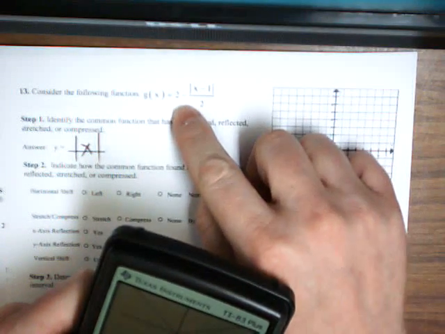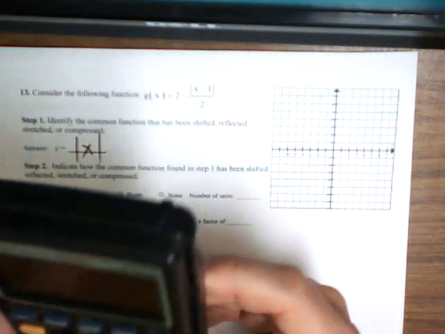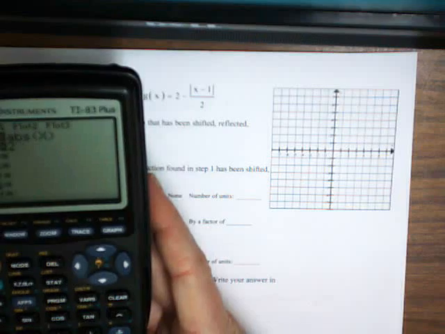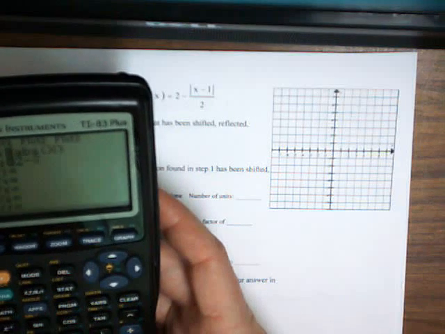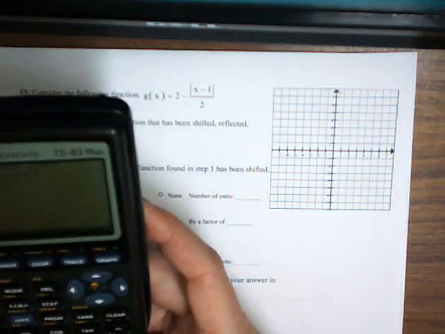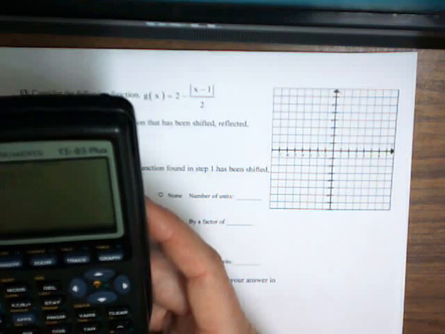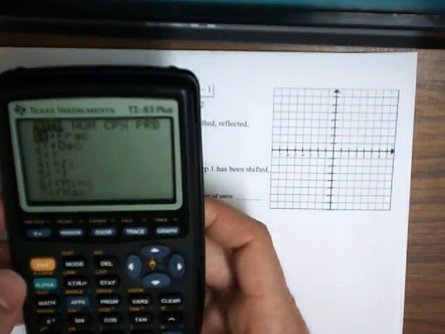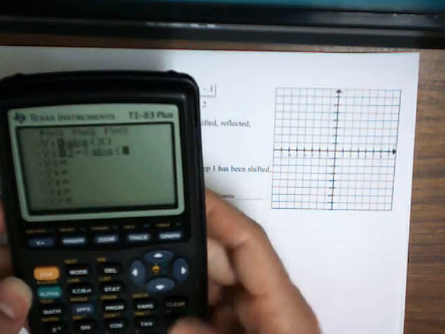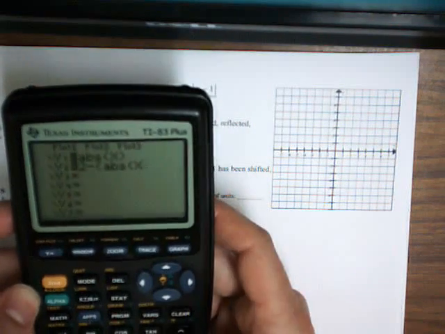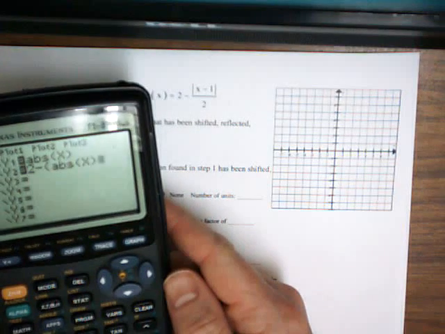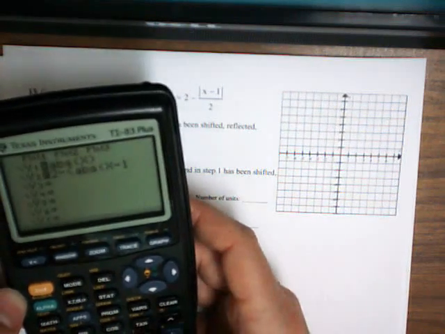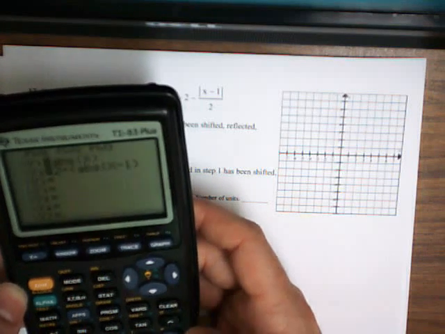So now I'm going to plug this one in and see what happens. So it's 2 minus parenthesis absolute value of x, x minus 1 divided by 2.